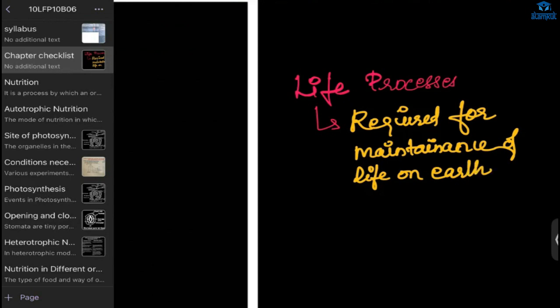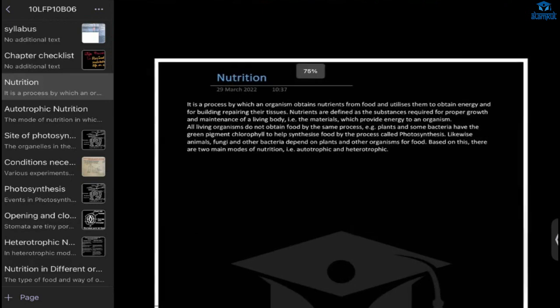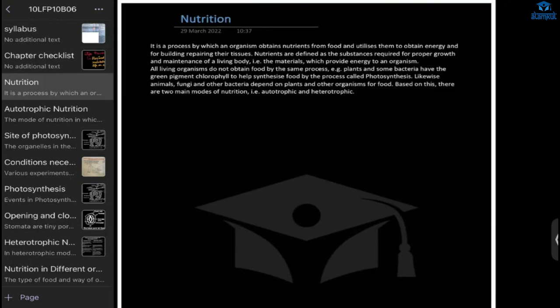So every organism will have life processes so that they could maintain their life, so that they could survive. Now the first thing we have here is nutrition. All these processes require energy, and energy will be obtained from nutrition.